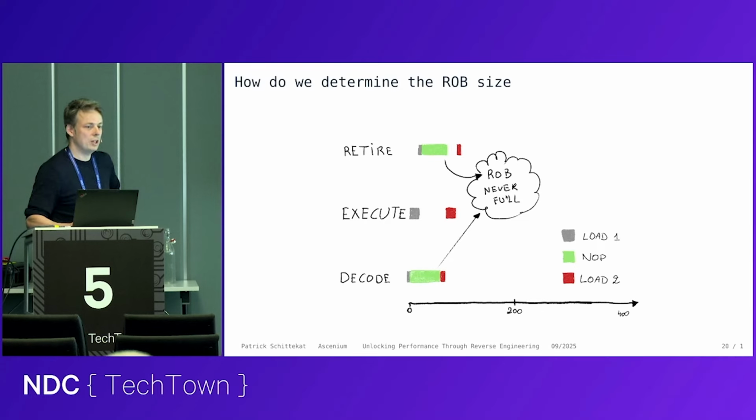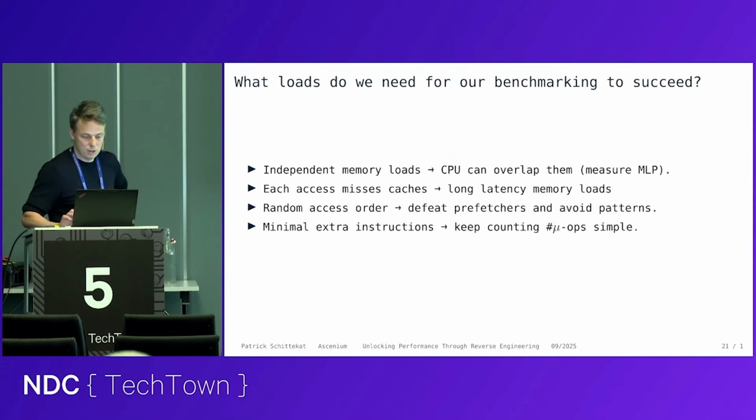So for our test to work, we need independent memory loads, because otherwise you won't have overlap. You should be able to execute them without depending on data from each other. We want them to miss all the caches, because then we get these 200 cycles.